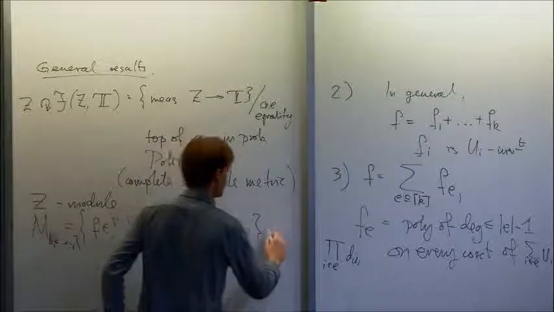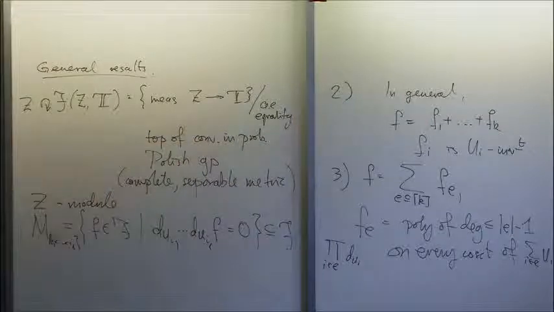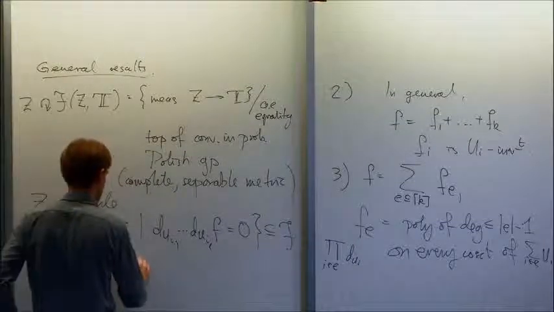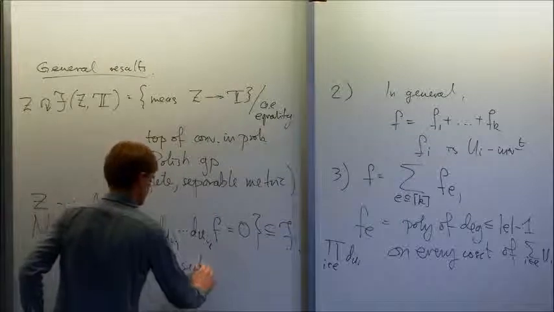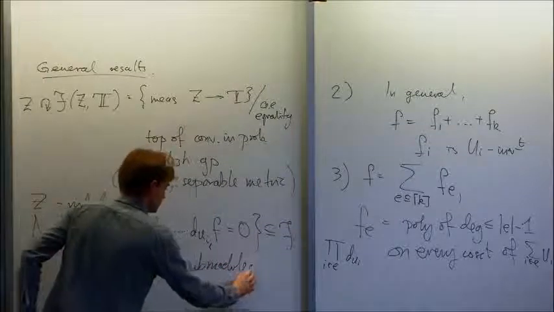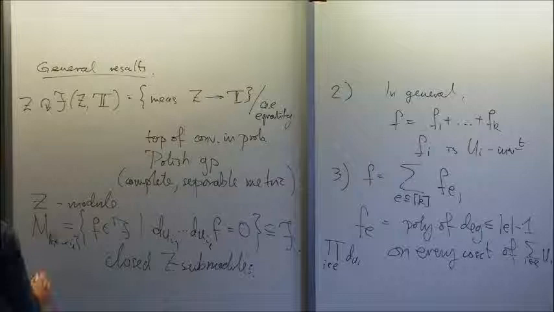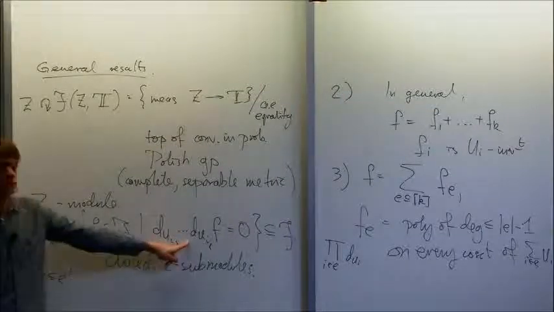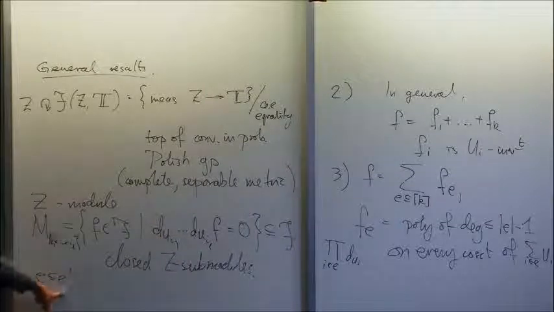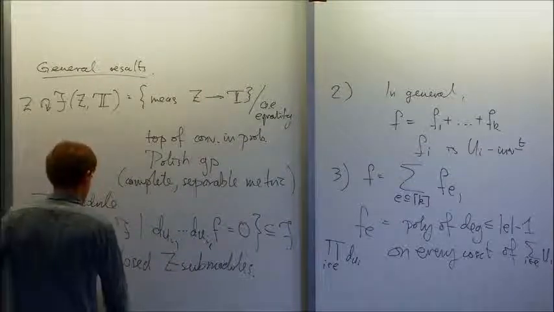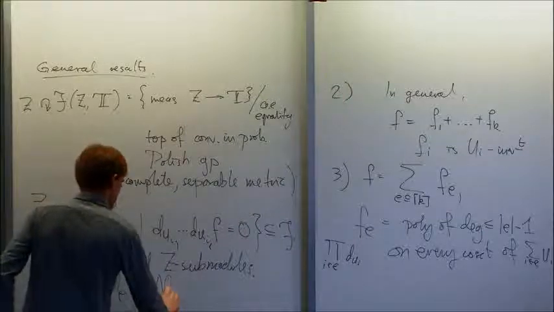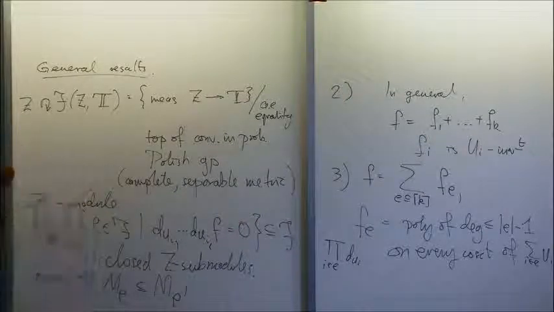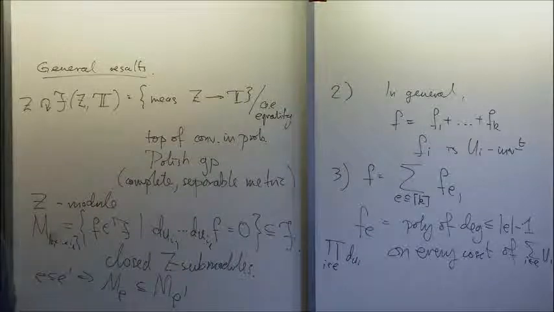So these are all contained in this big group F. You can easily show they're closed for the topology of convergence in probability. And also, if you rotate a solution to this equation, then it's still a solution. So these are closed submodules. Also, if you enlarge the subset, that means you're applying more differencing operators, so any solution to this equation also satisfies this equation. So as E gets larger, this module also gets larger. Okay, so that much is just notation.